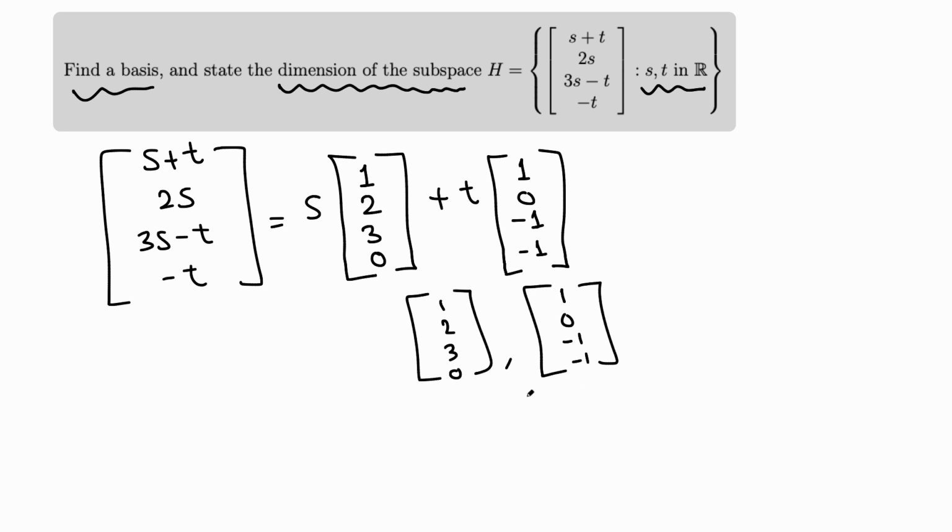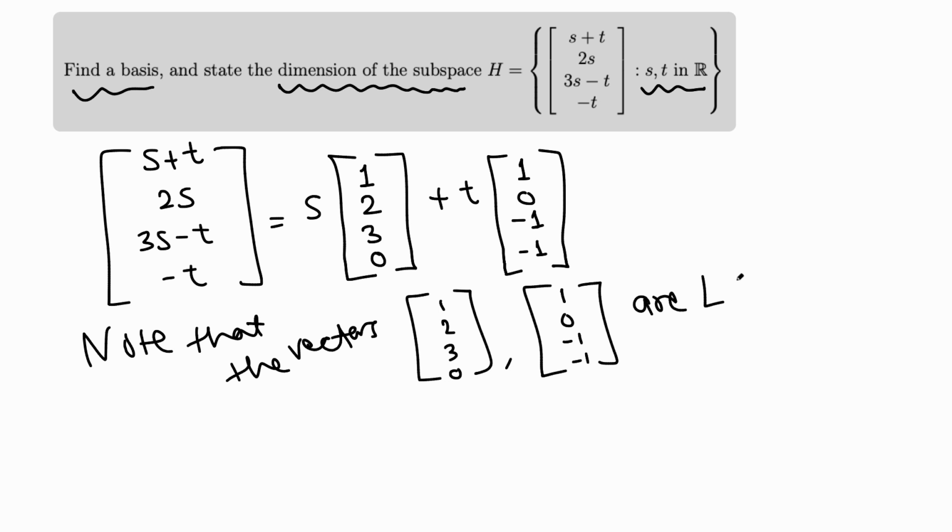Because when we have only two vectors, it's easy to see if they are linearly independent or not. Okay, so note that the vectors are linearly independent because one is not a multiple of another.